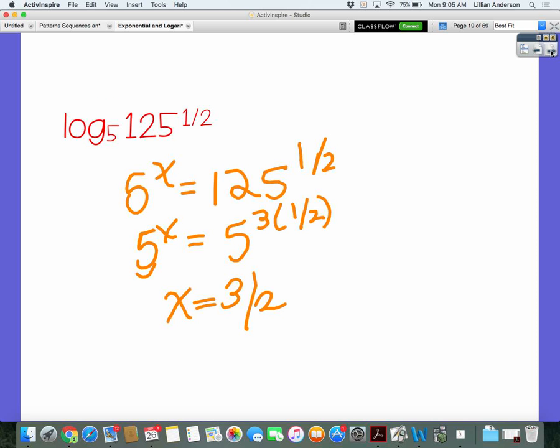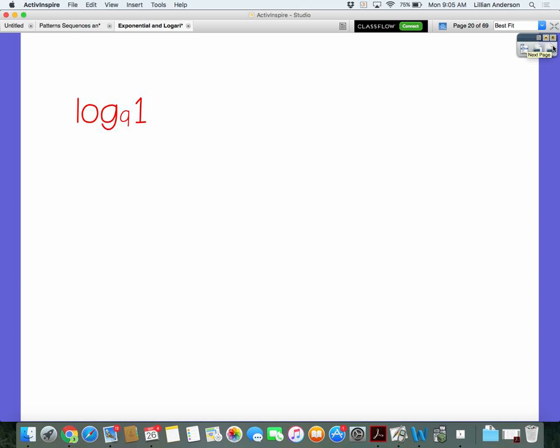Clear boards. That is a 9, not a cube. It's the font I use. So log base 9 of 1. This one is 0. Yes, because think about it, the only way that we're going to get 1 is if x is the power of 0. Anything to the 0 power is 1.